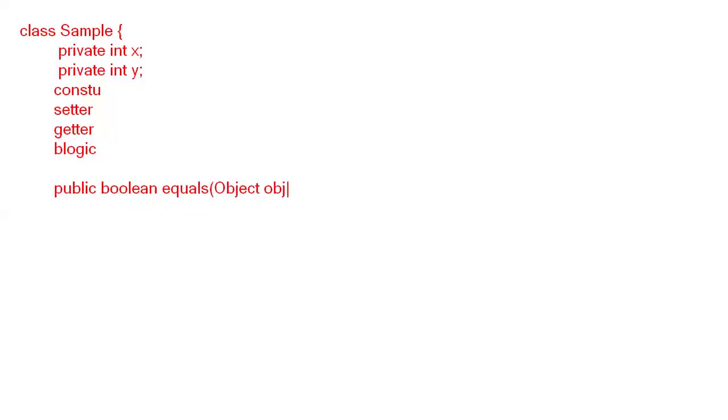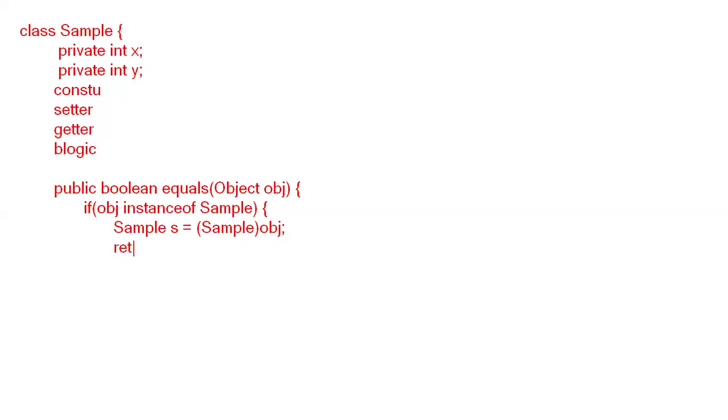Object obj. Now, inside the equals method, first we have to check whether the object coming as an argument is an instance of the current class or not. Understand? If yes, then typecast: Sample s equal to Sample of obj. Then compare.